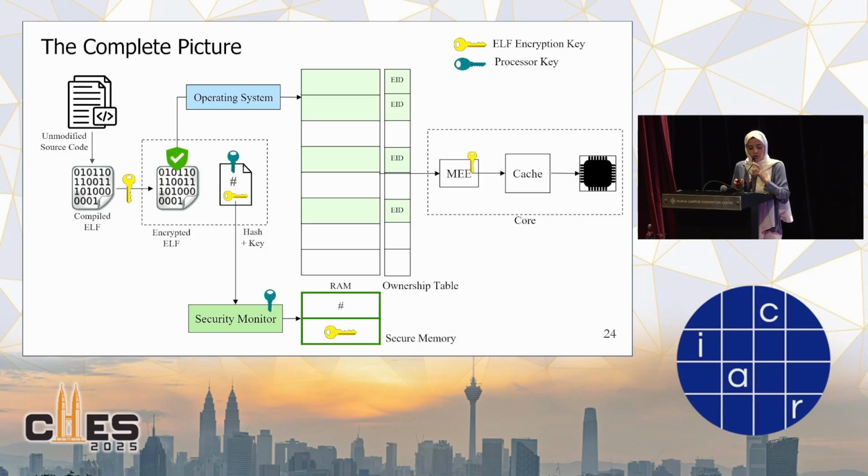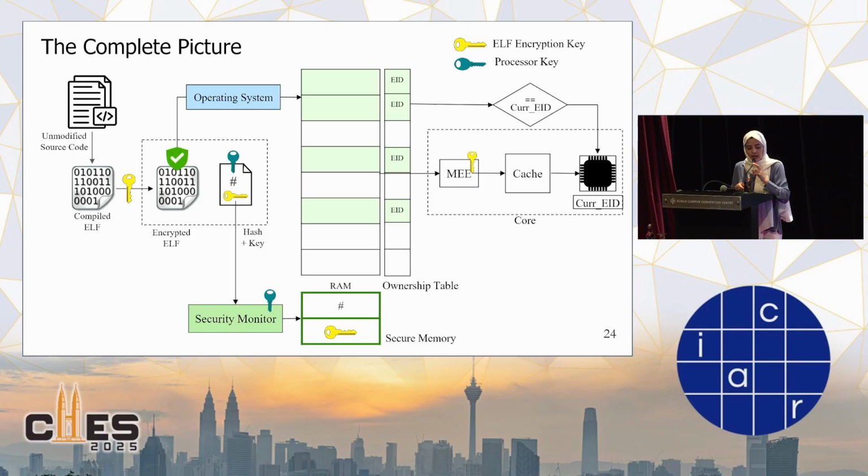The core at all times also maintains an enclave ID register which stores the enclave ID of the currently executing enclave. So whenever there's a memory request, the enclave ID of the page is compared to the enclave ID of the currently executing process, and the access is allowed only when the two match. So this is the overall execution of the process in Tesla.